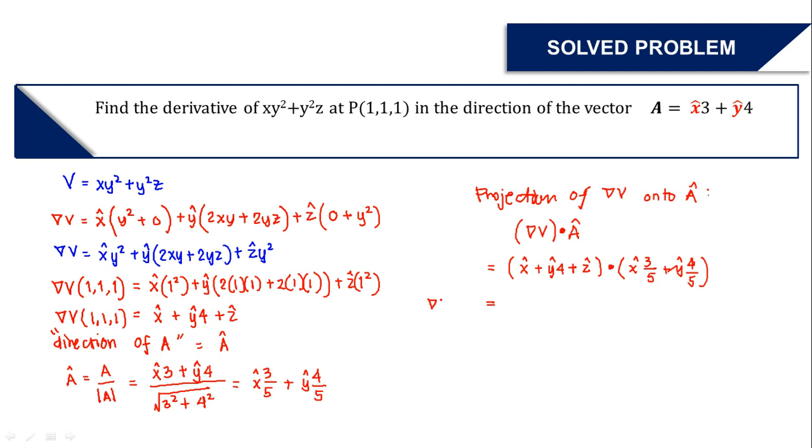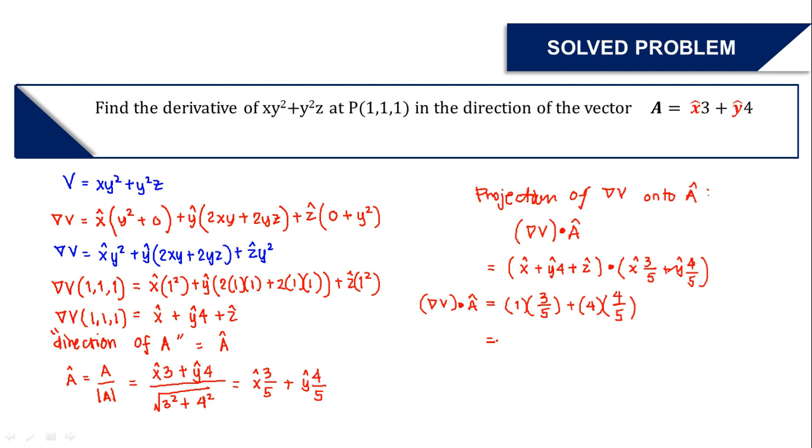Okay. Yung ating projection in the direction of A, right, yan, is now given to be 1 times 3 over 5 plus 4 times 4 over 5. Okay? Yan.